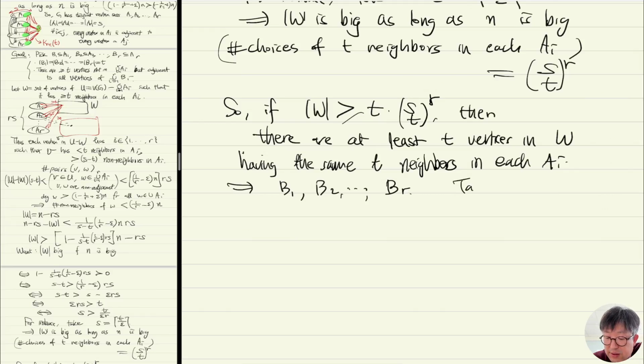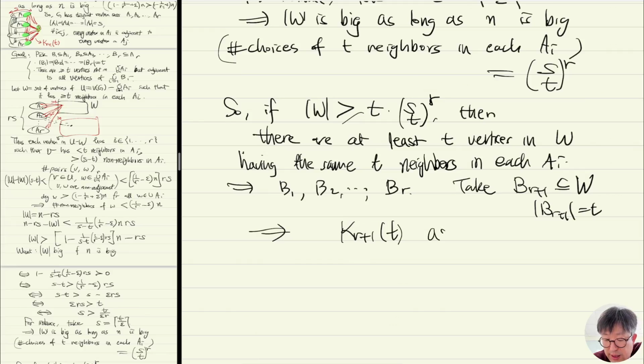Now take B_{R+1} to be a subset of W whose size is T. Then we have a K_{R+1}(T) as a subgraph.